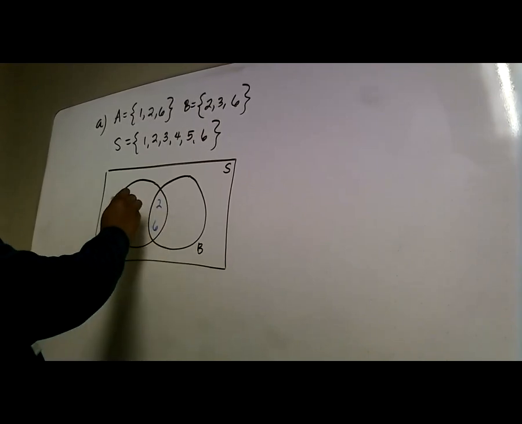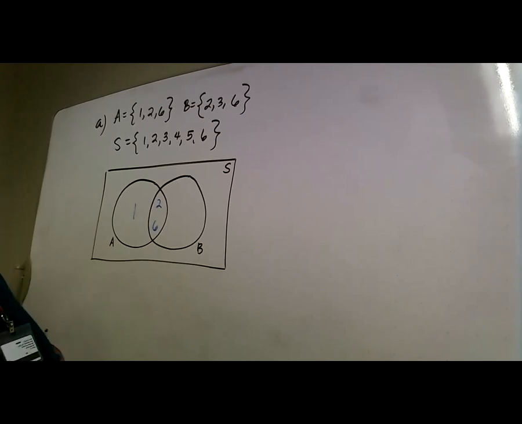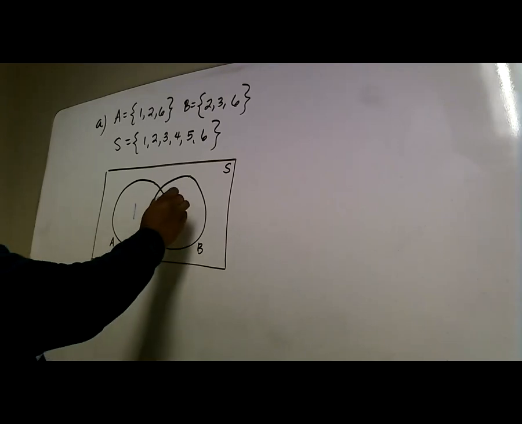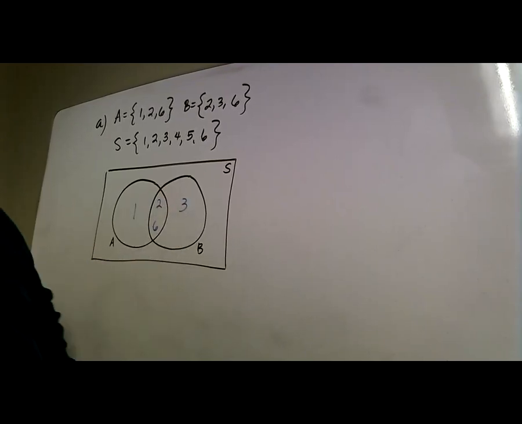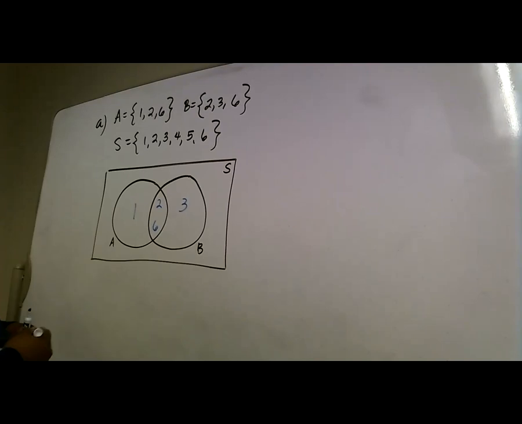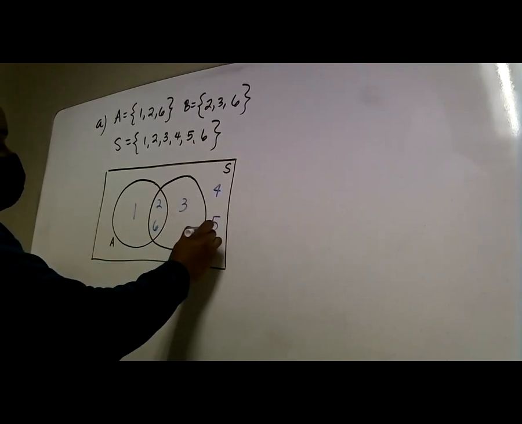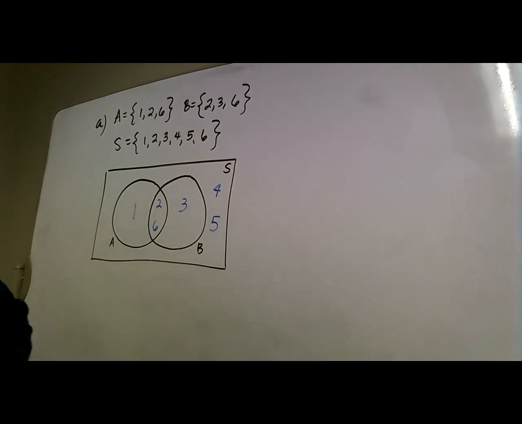The 1 will be on the outside for A, and for B, only the 3 will be on the outside. Okay? And I'm missing a couple of numbers here, 4 and 5. So I'll put the 4 and the 5 out here. So it's going to look like this. That's the Venn diagram.